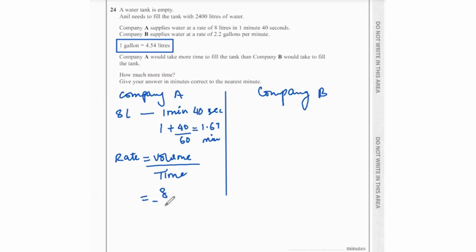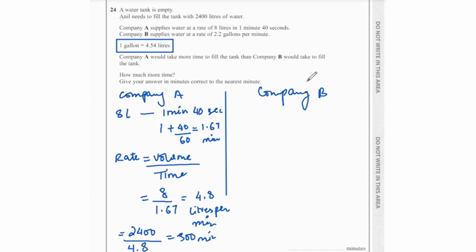So that's going to be 8 over 1.67, and that's going to give us 4.8 liters per minute. Now, to find the time to fill the entire tank, we will do 2400 divided by 4.8, and that will be equal to 500 minutes. This is the amount of time that it will take for Company A to fill the tank.